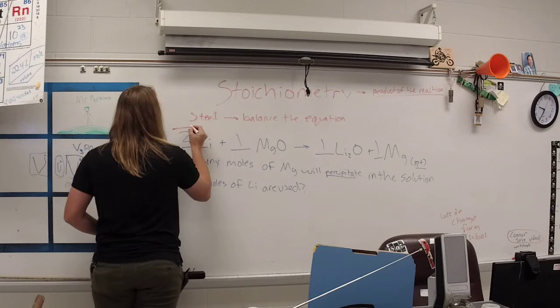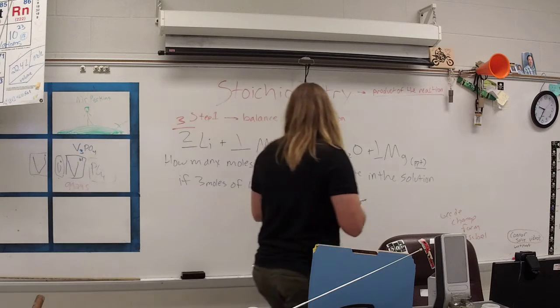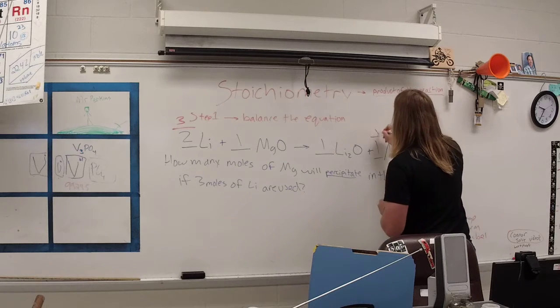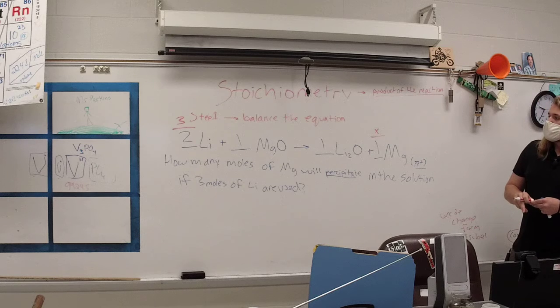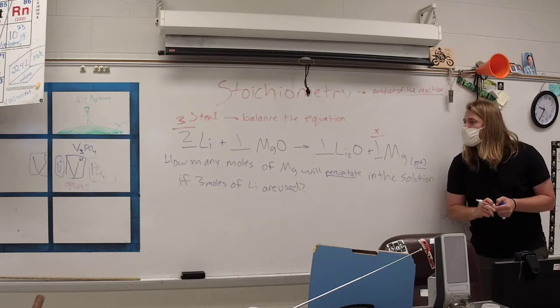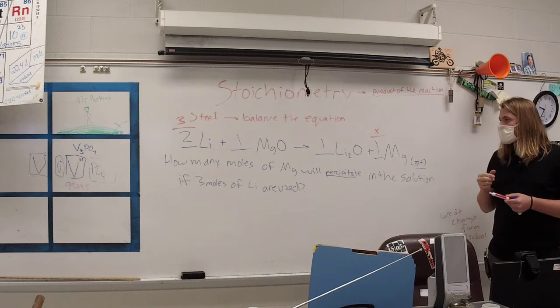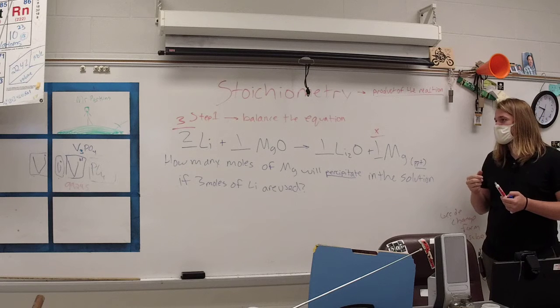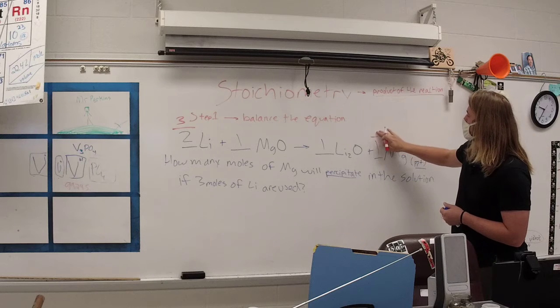So we want to use 3 instead of 2. And we're looking for the magnesium, right? That's where we want to land. X marks the spot. So 3 is to 2 as what is to 1? Well, 3 over 2 is just 1.5.